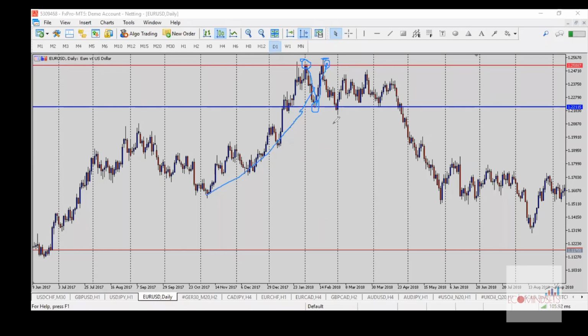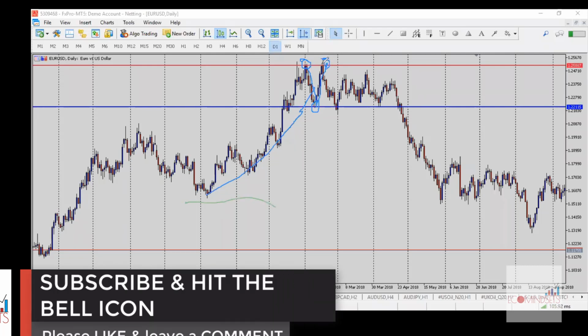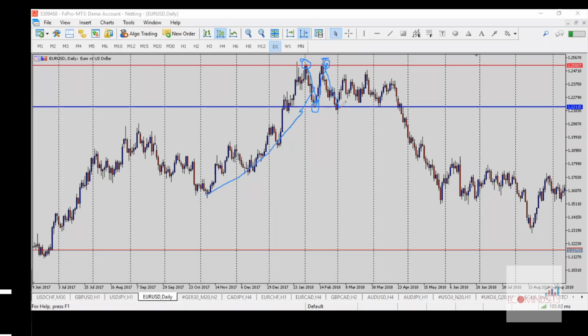And as I told you in the previous webinar, this is a zone, it's not just a single line. Price pushed down from there after rejecting, got here, couldn't break out, pushed up again close to the resistance line and pushed down. Still price couldn't break this.